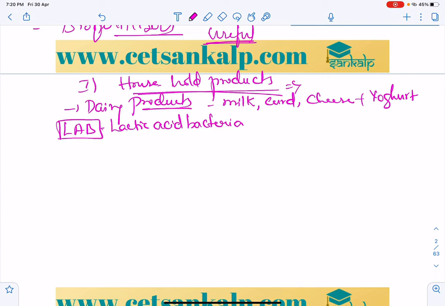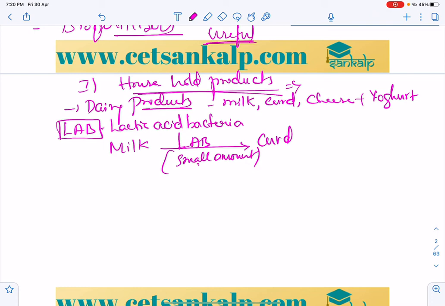the milk into curd. A small amount of curd that is already there is added to the fresh milk, which converts it into curd. So milk is converted into curd, right? Here the LAB is present in that small amount of curd.